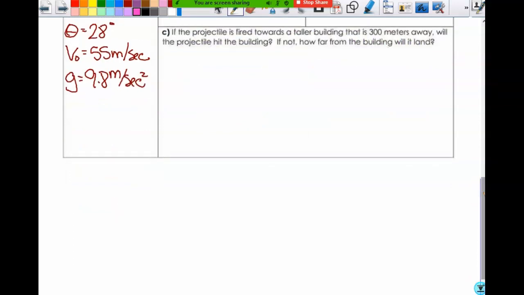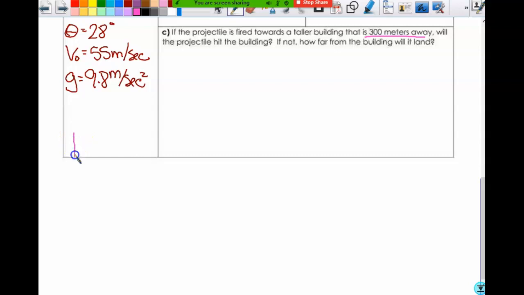So if the projectile is fired toward a taller building that is 300 meters away, will the projectile hit the building? If not, how far from the building will it land? All right, so let's think about what that means.